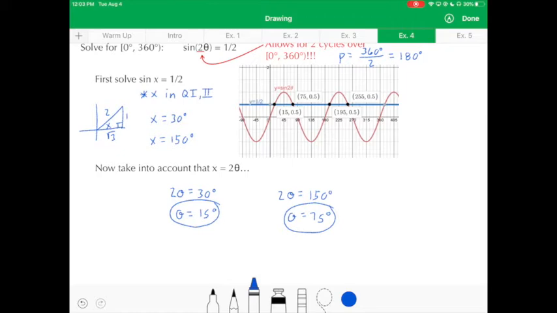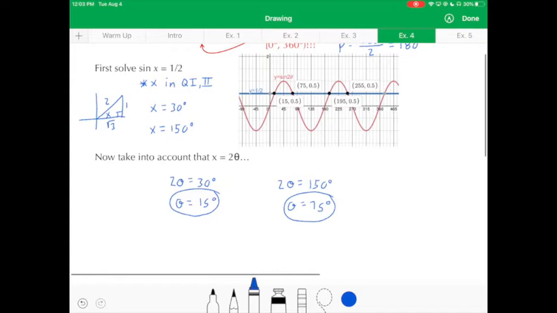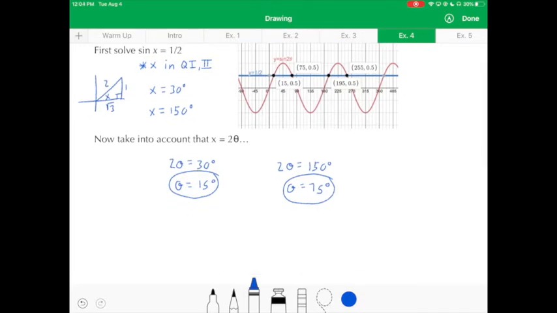Now, consider the fact that the function is periodic and that there's really multiple places where we're equal to 1/2, right? So normally we're equal at 30 degrees. Well, a coterminal angle to that would be 360 degrees later at 390, right?